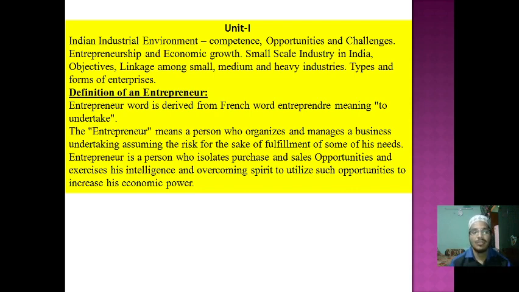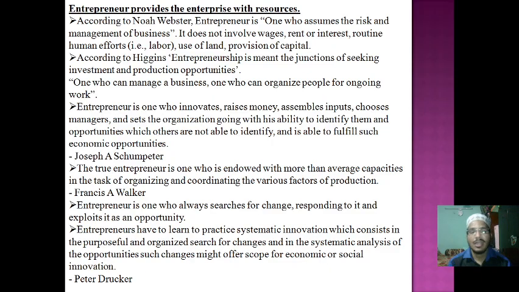Again, an entrepreneur is a person who takes the challenges or manages the business from the risk level to fulfill our requirements for needs. That is your entrepreneur.